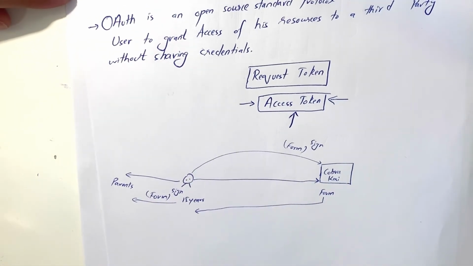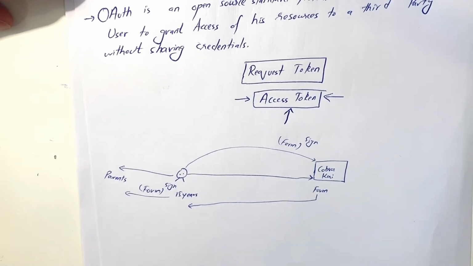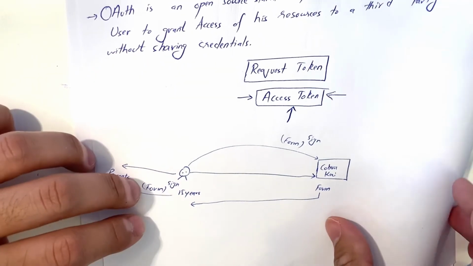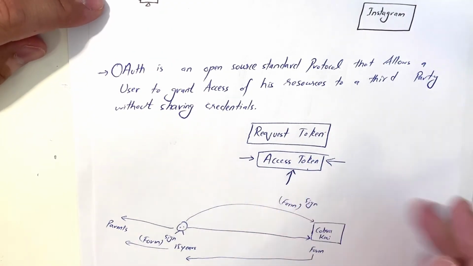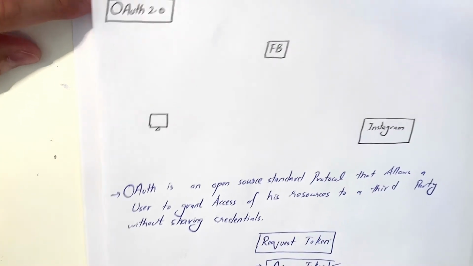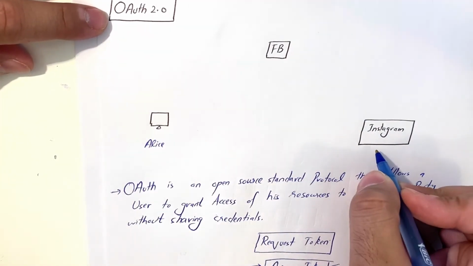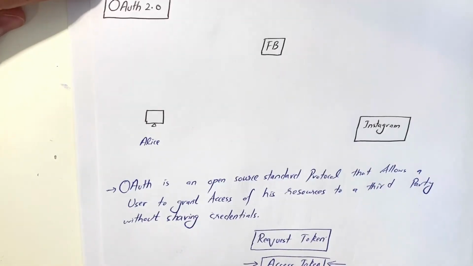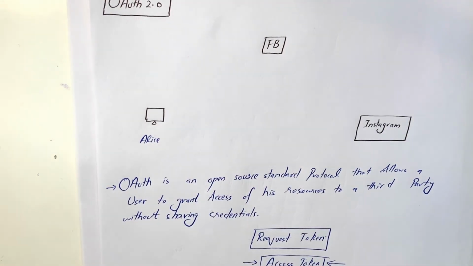This is basically what OAuth is, how it exactly looks. Please remember the request token and the access token. Let's say this is Alice, and Alice wants to create an Instagram account with her Facebook information. She doesn't want to put in more information over and over, so she clicks the button which says create account with Facebook.